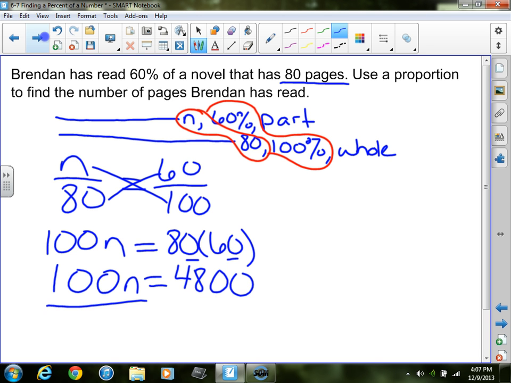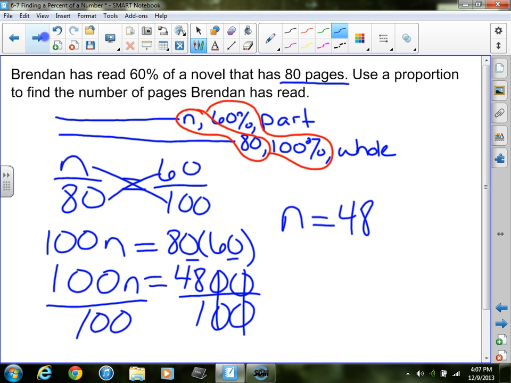Now I can divide both sides by 100. 4800 divided by 100 is 48. So that means N equals 48. 48 what? 48 pages. So Brendan has read 48 pages of the 80 pages.